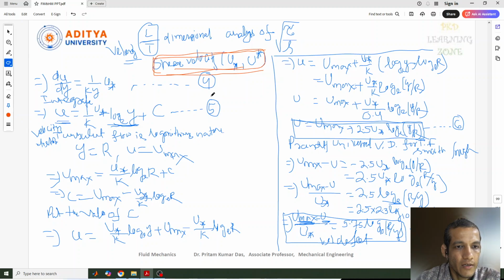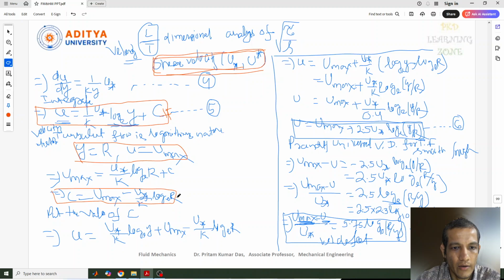From that, we got this equation: U equal to 1 by K U star log e y by C. To identify the value of the constant of integration C, we took these boundary conditions and went for the integration, and from that we got this value of the constant of integration.